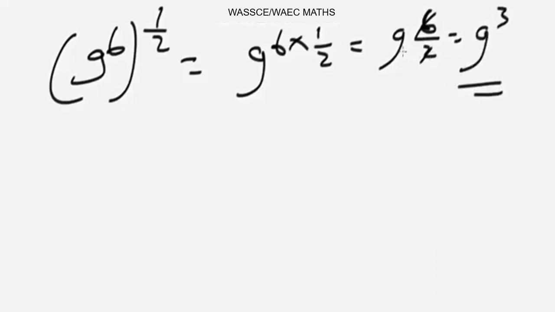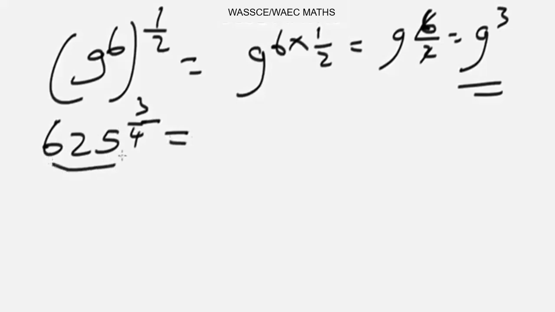Now, what if we have 625 to the power 3 over 4? This is an example of the tenth rule we looked at. Firstly, you find the 4th root of 625, then raise it to the power of the numerator.